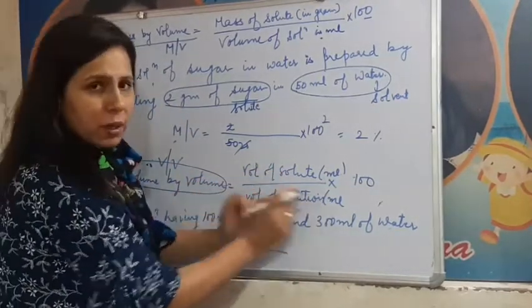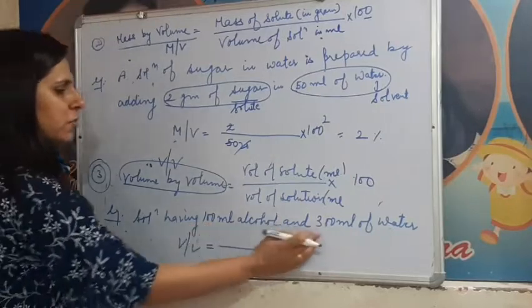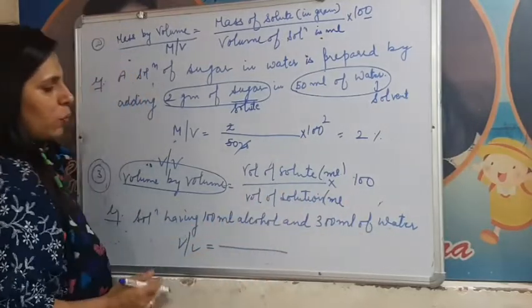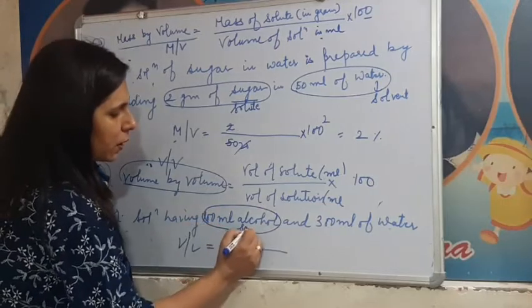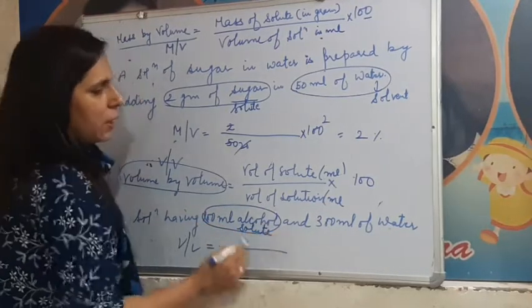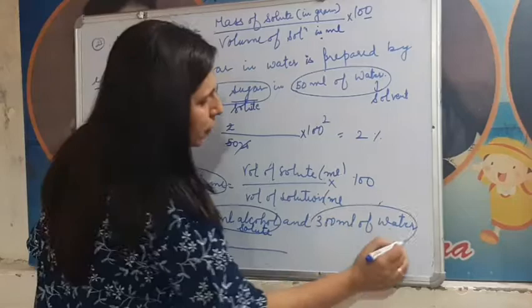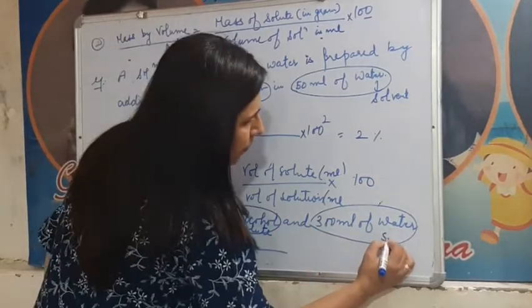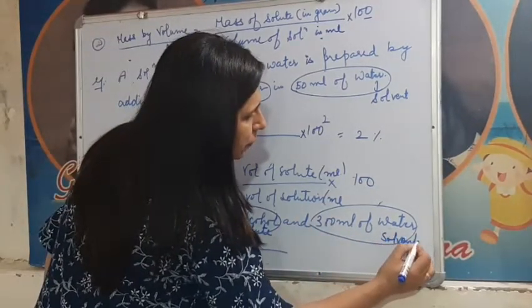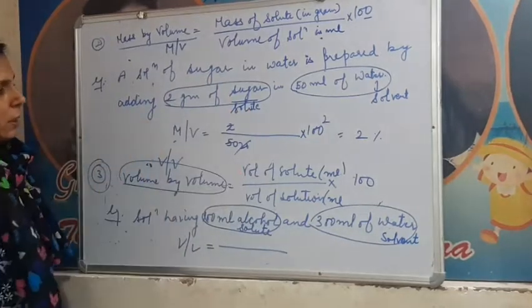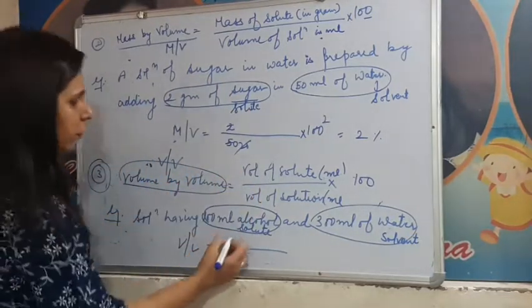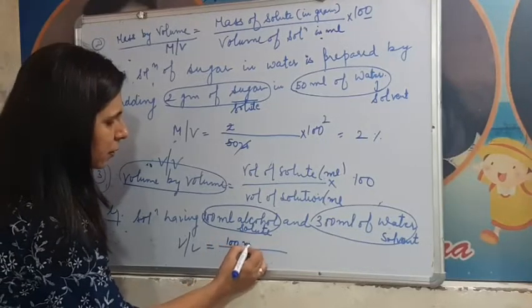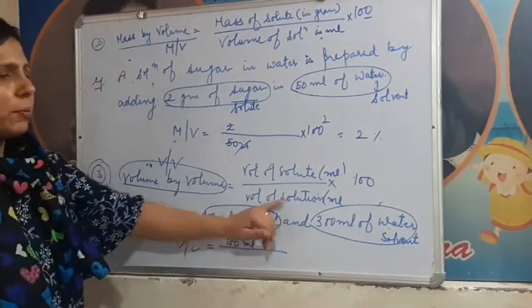which is volume of solute divided by volume of solution. So out of these two, alcohol and water, which one is solute? This alcohol is solute and this 300 ml water is solvent. So in volume of solute in the formula, we will put here 100 ml divided by volume of solution.